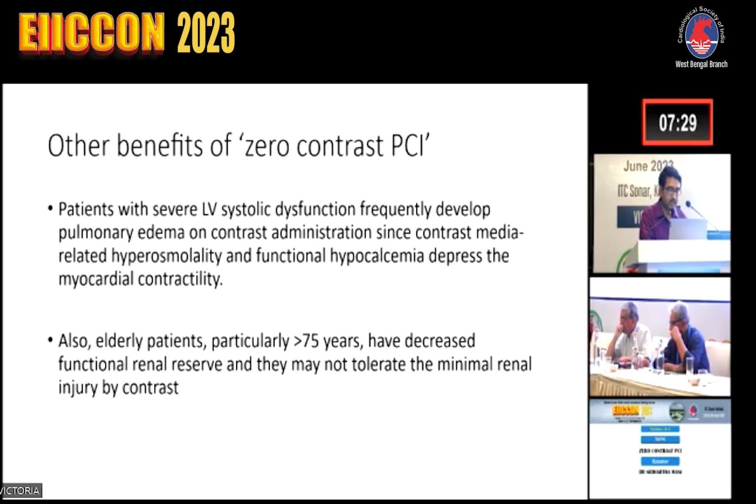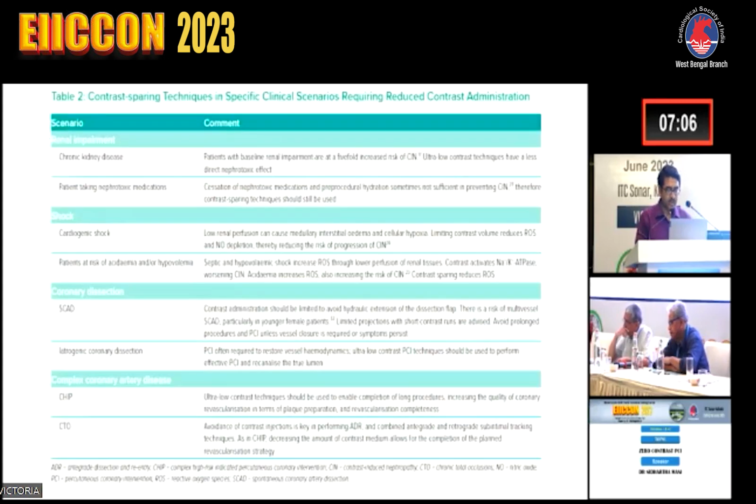There are certain other advantages of zero contrast PCI also, because we know that contrast is a myocardial depressant because of its related hyperosmolality, and because it causes a functional hypocalcemia. Particularly in elderly patients more than 75 years, where the renal reserve is less, they tolerate this contrast agent even less.